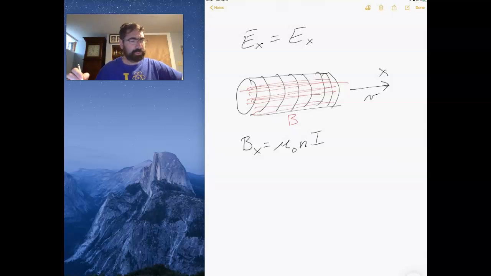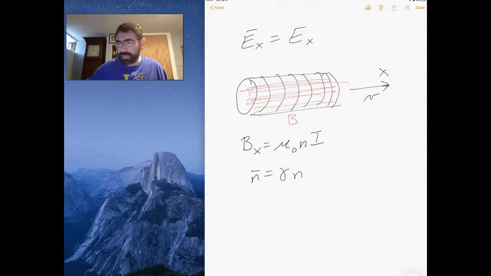Looking at these two quantities, n bar, the number of loops per length, should be modified because there's a length contraction. So we'd get gamma times n.